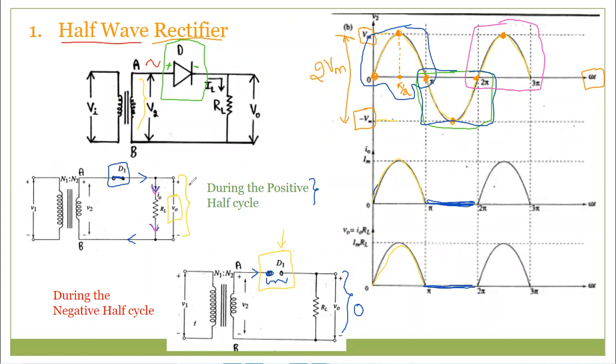So once again we'll get output voltage and current across the load, with a waveform like this. This is a voltage waveform, and this is a current waveform.